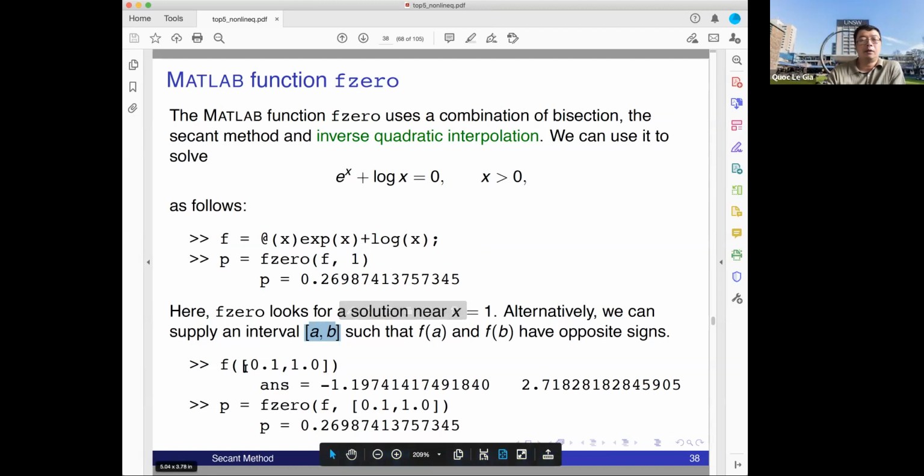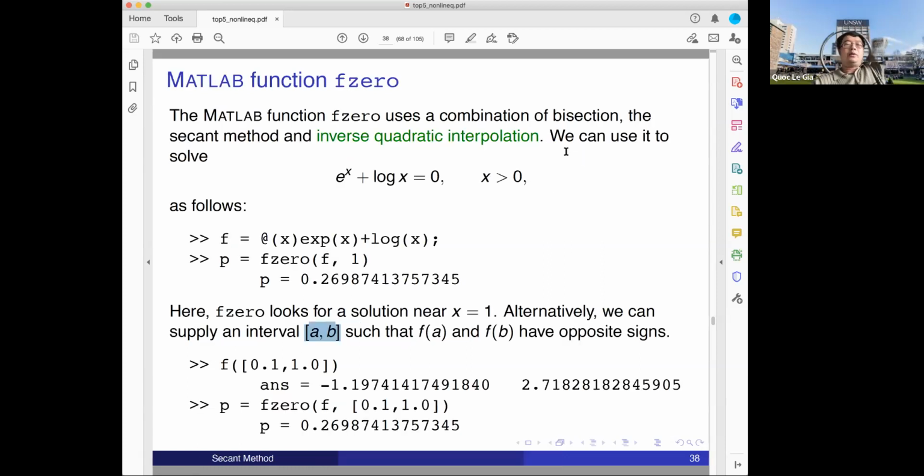Suppose I give the interval from 0.1 to 1, or from -1 to 2 point something. Then you give fzero the initial interval, and it finds the 0 for you.